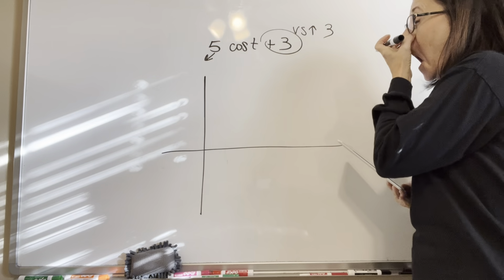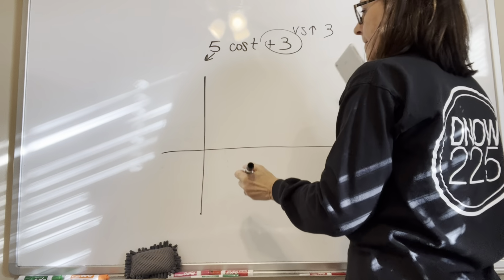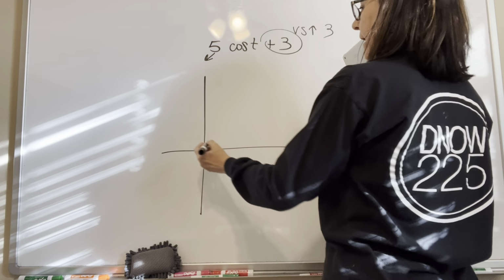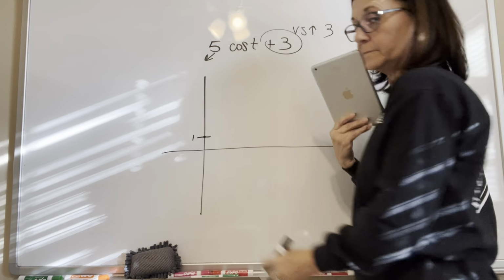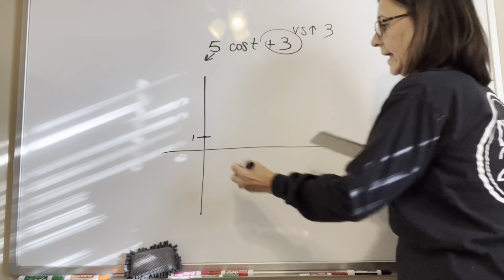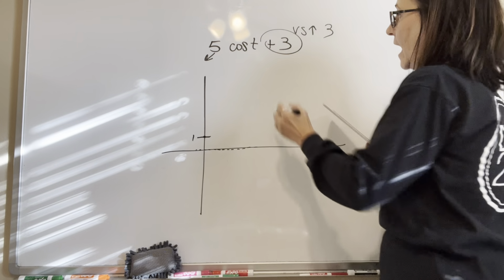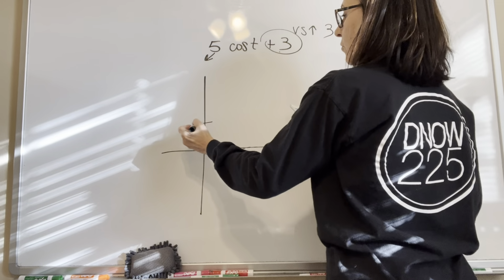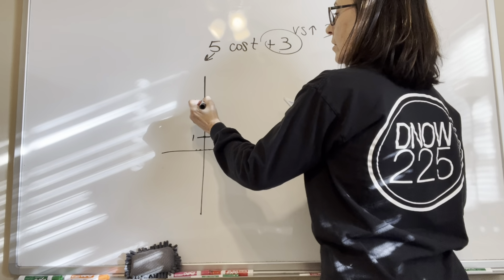All right. So, I should have made this smaller. All right, I'm going to make this smaller. So instead of starting at 1, and this being my x-axis, I'm going to move it up 3. So that's 1, 2, 3. So it's at 4, right?